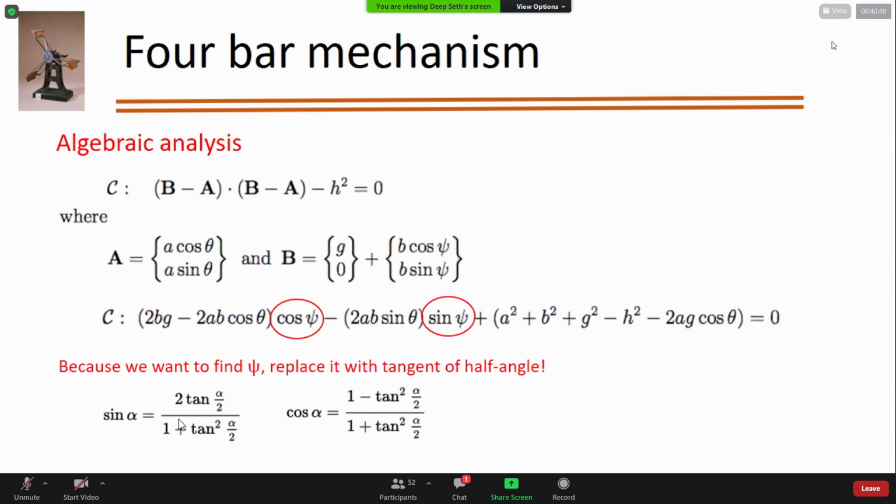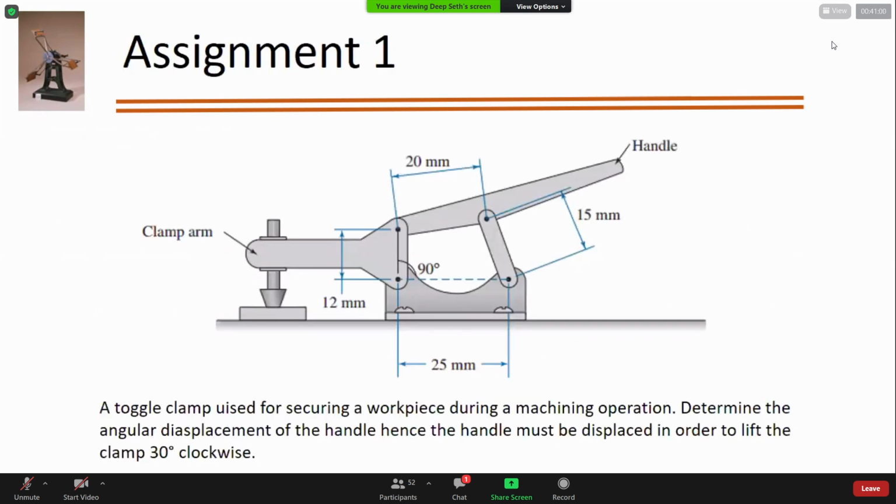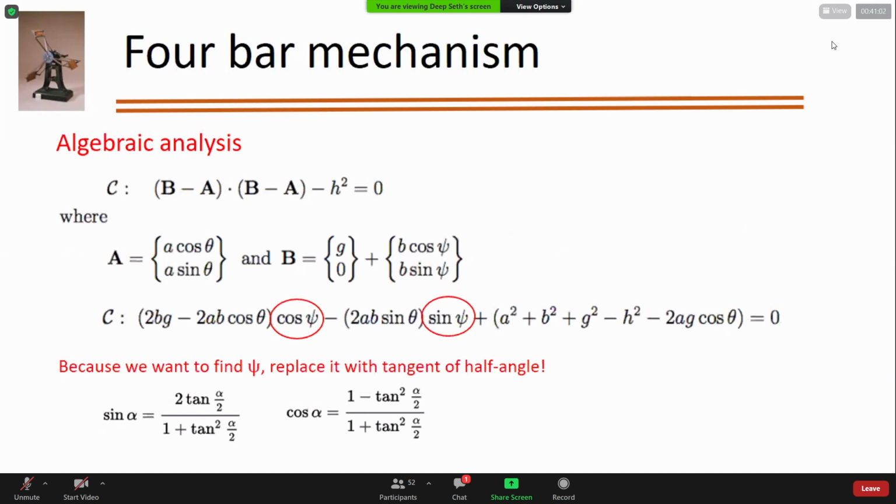Like sin alpha, you can write it as 2 tan(alpha/2) divided by 1 plus tan squared(alpha/2), and cos alpha we can write similarly. Similarly you will do it here. Because you want to find psi, you replace it with the tangent of half angle. This is how you do the algebraic analysis.